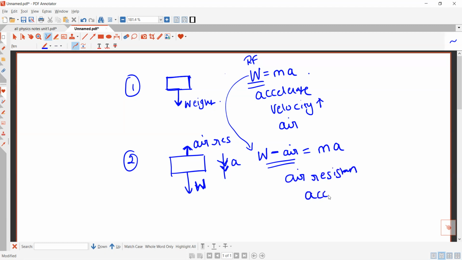You have acceleration. Wait one minute. You have your acceleration, but your rate of acceleration will be less than before. Before, your acceleration was very high. Why? Because your resultant force was high. What happened now to your resultant force? The resultant force decreased. Since the resultant force decreased, it is accelerating. Sorry, it's not that it is slowing down.